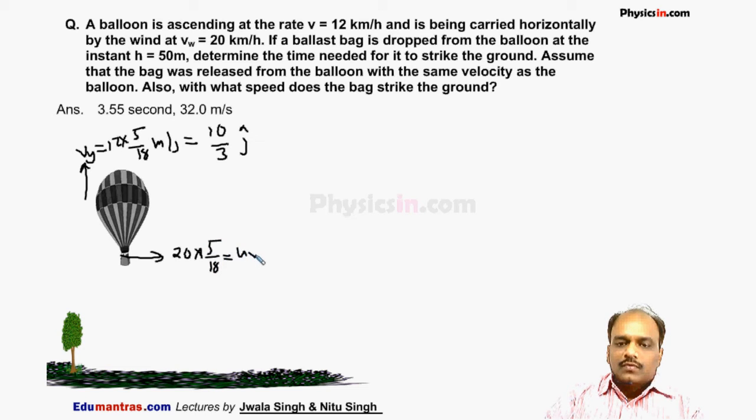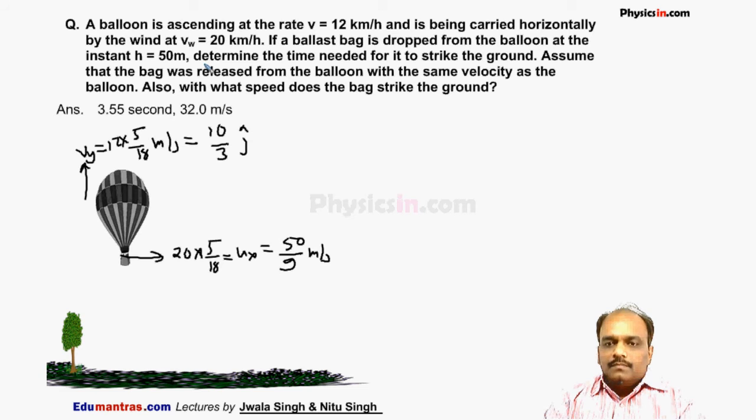This is ux, which is equal to 50 by 9 meter per second. This is the velocity of the balloon. It is going upward, ascending with a speed of this, and it is also moving horizontally with a speed of 50 by 9 meter per second.